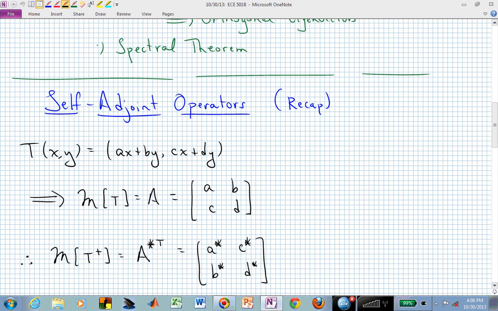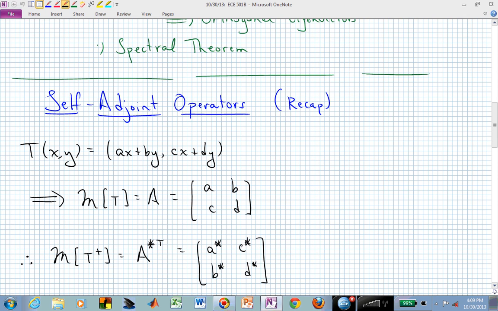Now, we defined self-adjoint operators before, but first let's just find the adjoint. We haven't yet said anything about whether T is a self-adjoint operator.